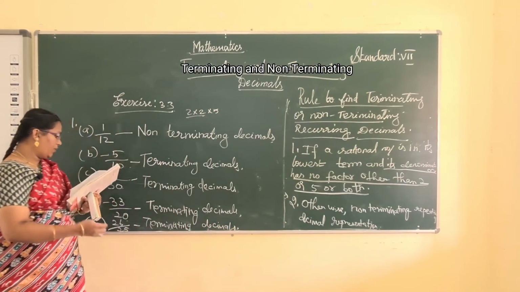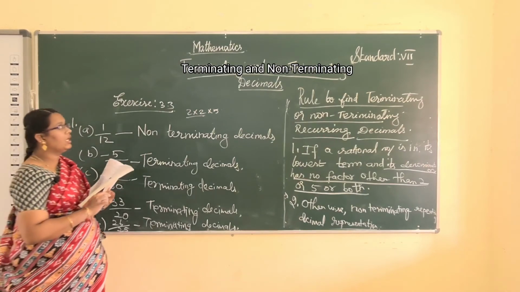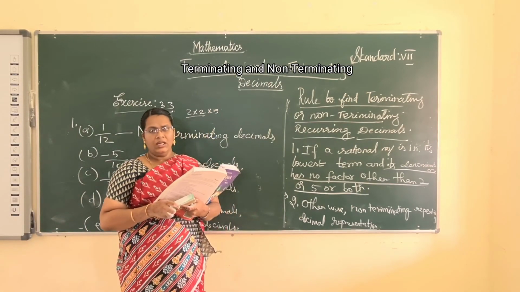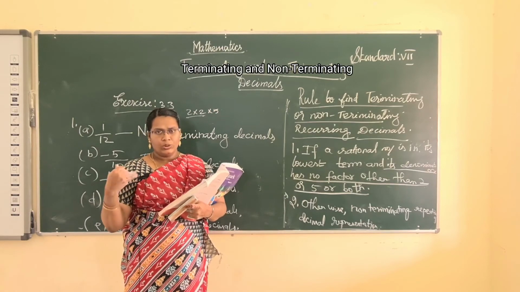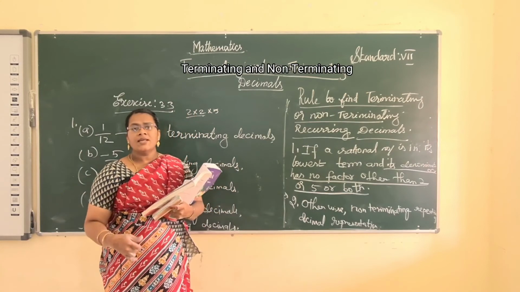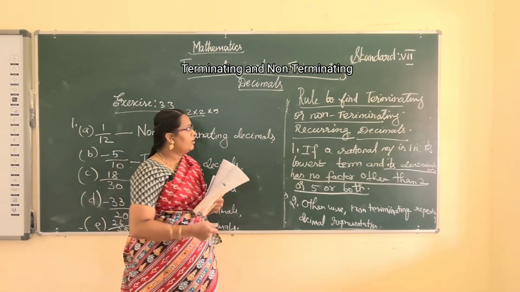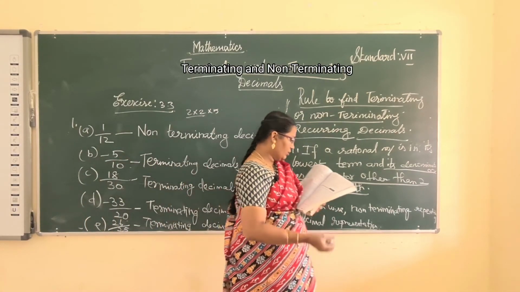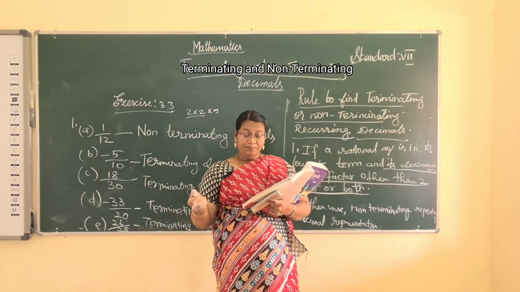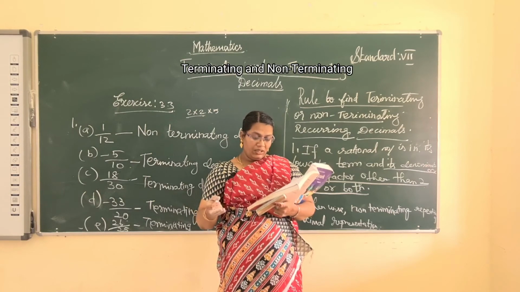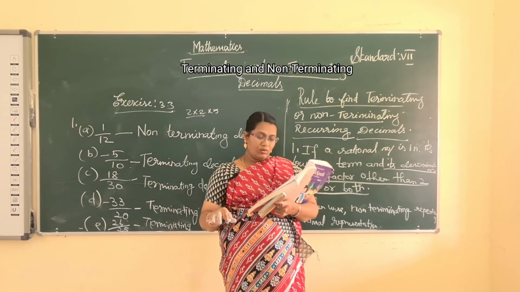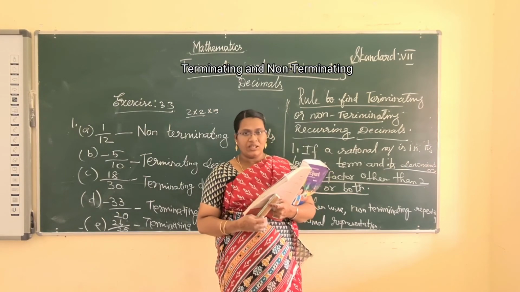Okay, the remaining problems are homework. I hope you have understood how to change a rational number to decimals, terminating and non-terminating decimals, irrational numbers, and the rules to say whether rational numbers are terminating or non-terminating decimals without the actual method.